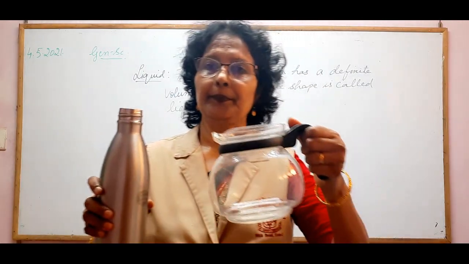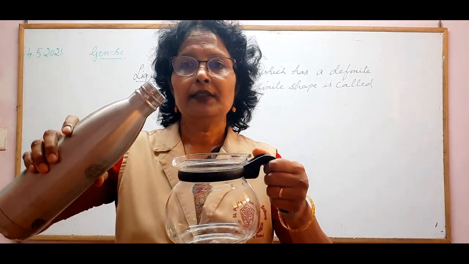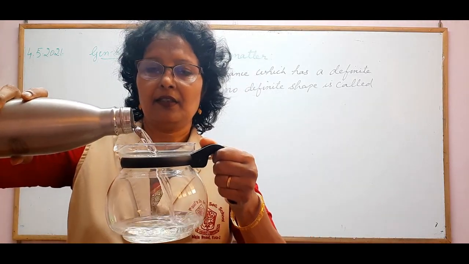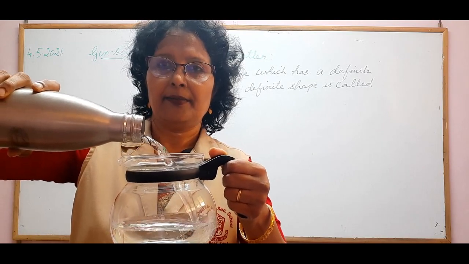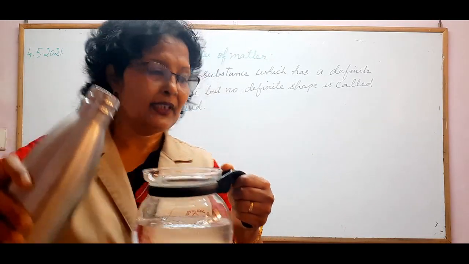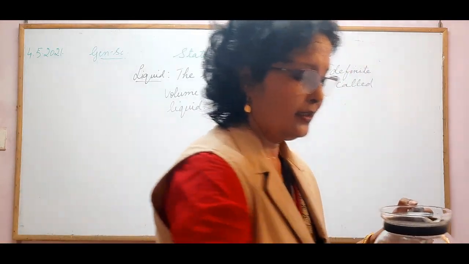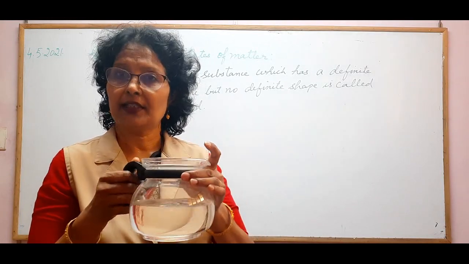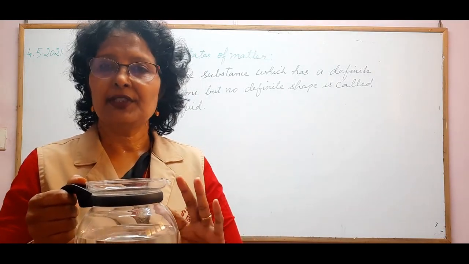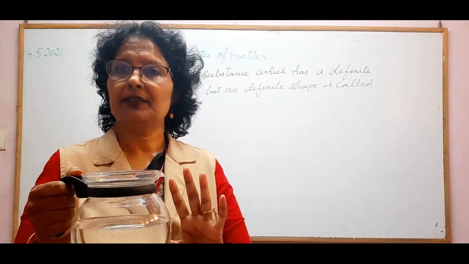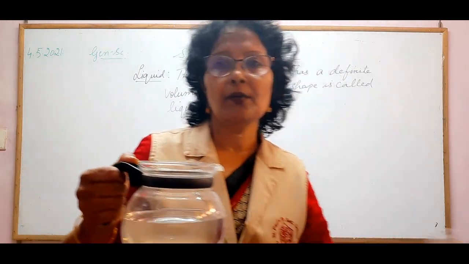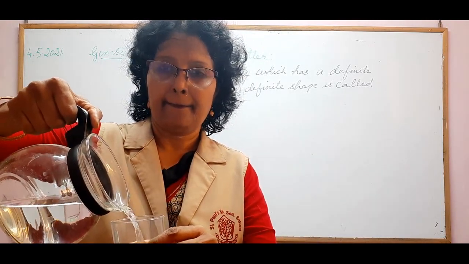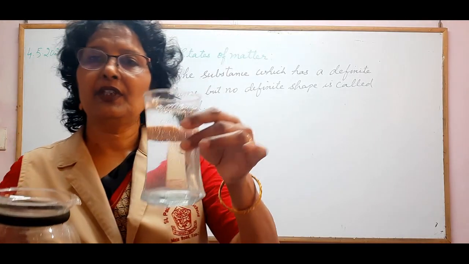Then when I pour this water in this flask, so what will happen? It will take the shape of the flask. Same water, volume is same. Again, if I pour it in this glass, it takes the shape of the glass.